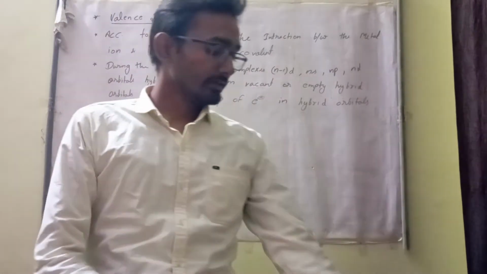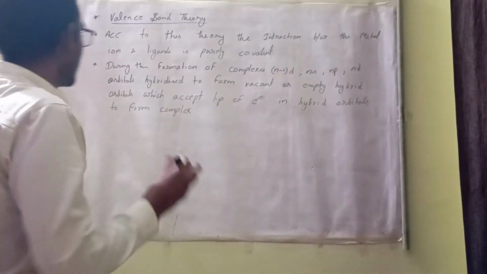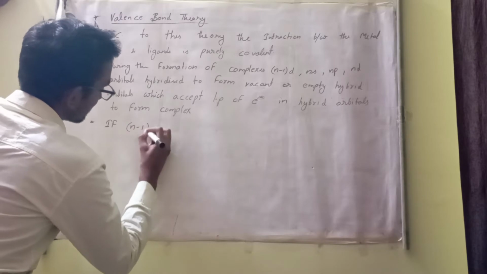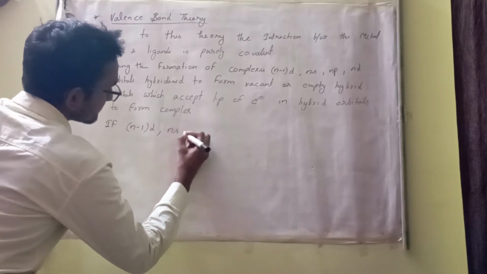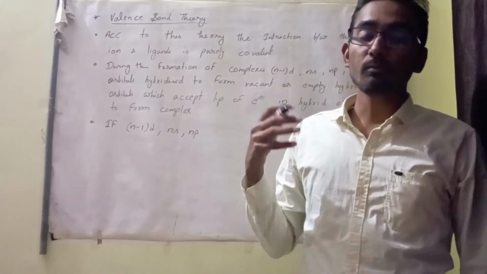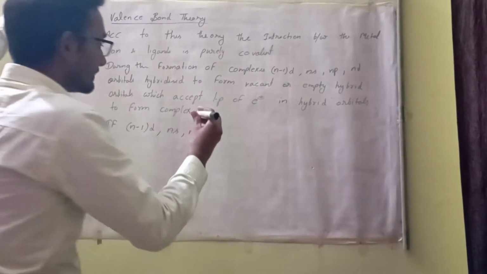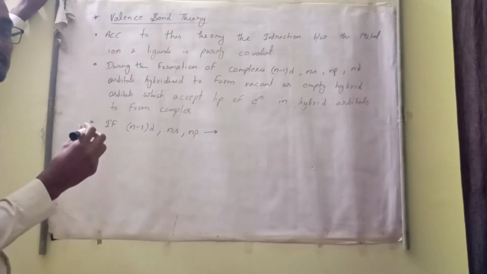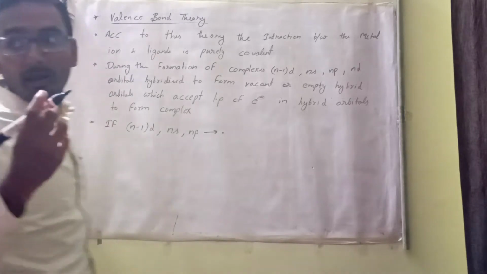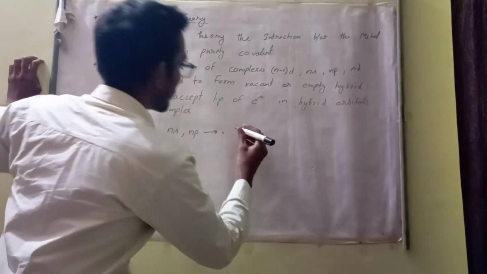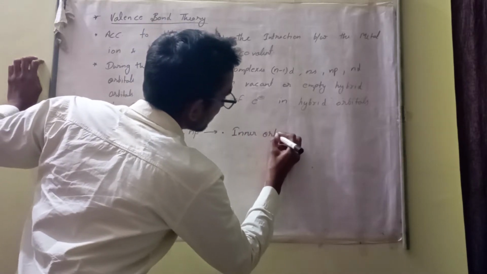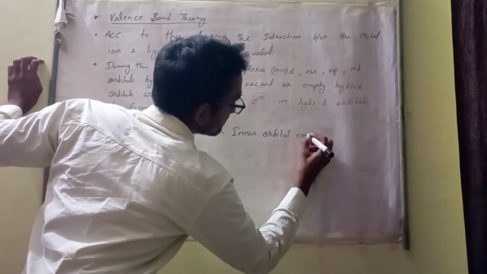If the (n-1)d, ns and np orbitals are involved in the formation of complexes, then it will result in the formation of inner orbital complexes.